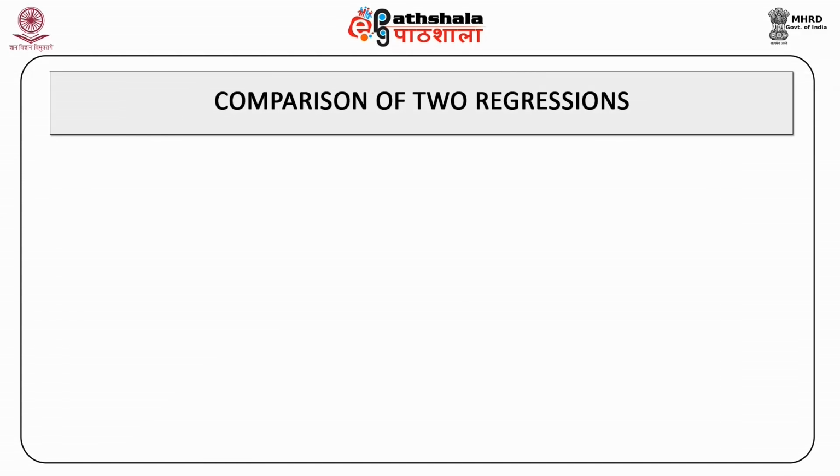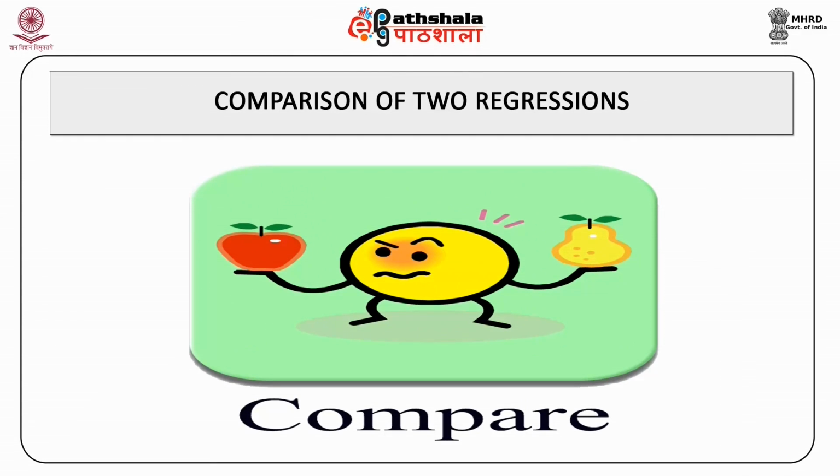There are four kinds of regression on the basis of statistical significance of differential intercept coefficient and differential slope coefficient. They are coincident regression, parallel regression, concurrent regression, and dissimilar regression. In the following slides, you will be familiar with all these types of regression one by one.